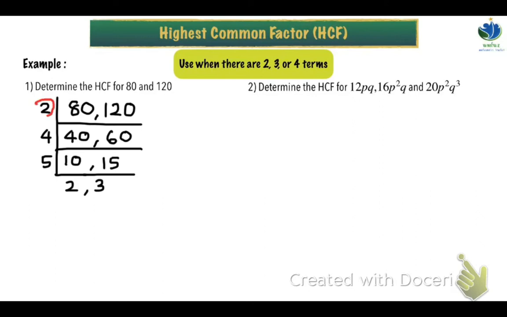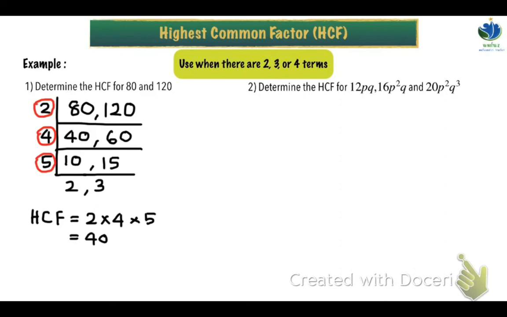So we stop and then we multiply the divisors. 2 multiplied by 4 multiplied by 5. So the highest common factor equals 2 multiplied by 4 multiplied by 5. The answer equals 40.